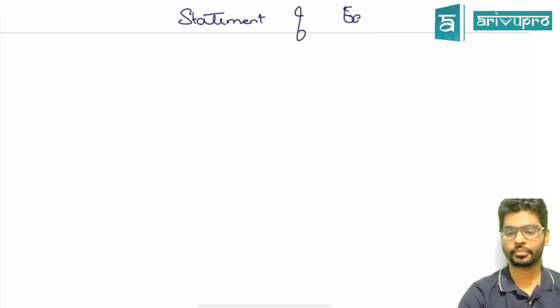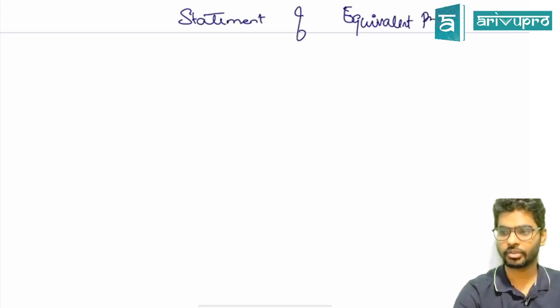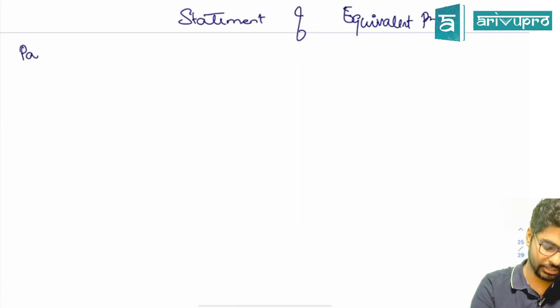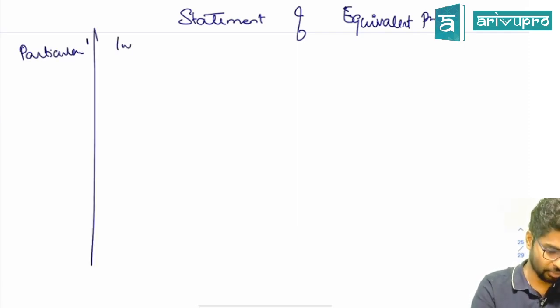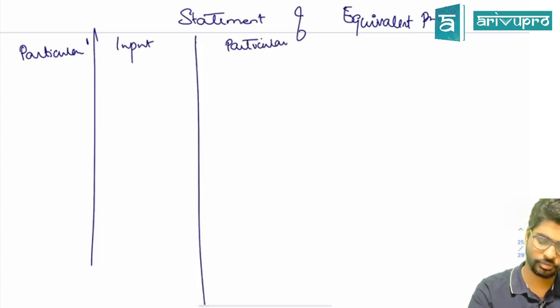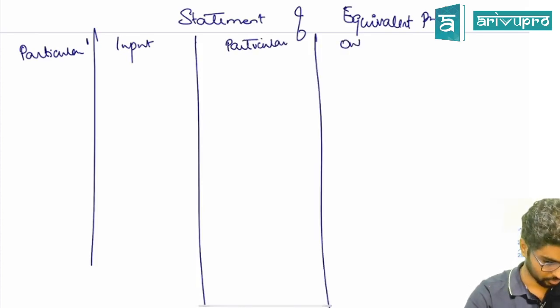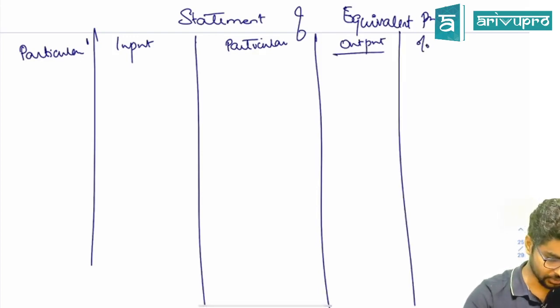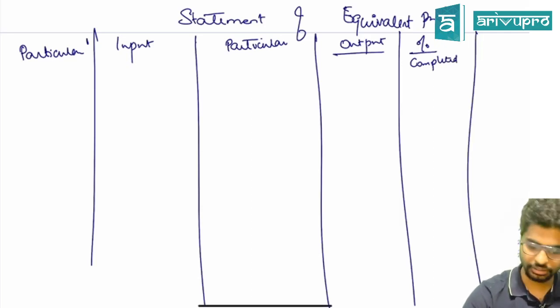One side I write my particulars and input. On the other side I will write my particulars and output. Then I will write percentage completed this year, then equivalent units.